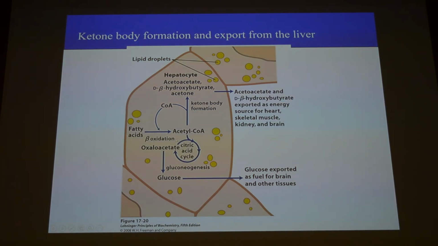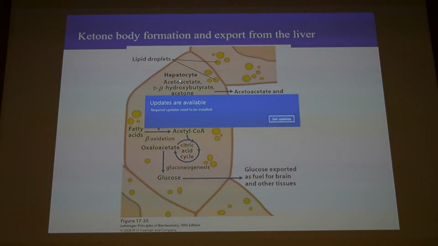So the intermediates of the Krebs cycle are not going to be available, which is going to slow down the Krebs cycle, and this will lead to the accumulation of acetyl-CoA. If acetyl-CoA accumulates, what will happen? They will form ketone bodies. So the three ketone bodies are acetoacetate, hydroxybutyrate, and acetone.